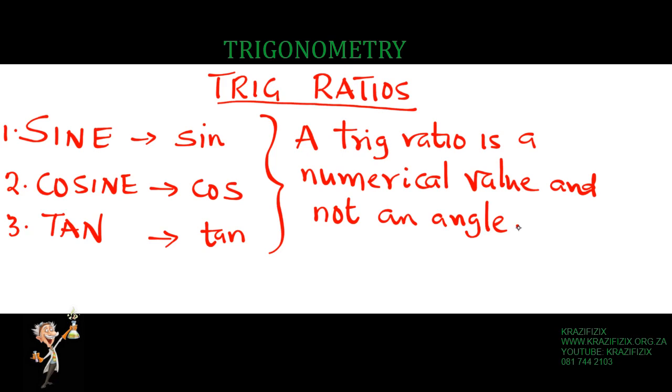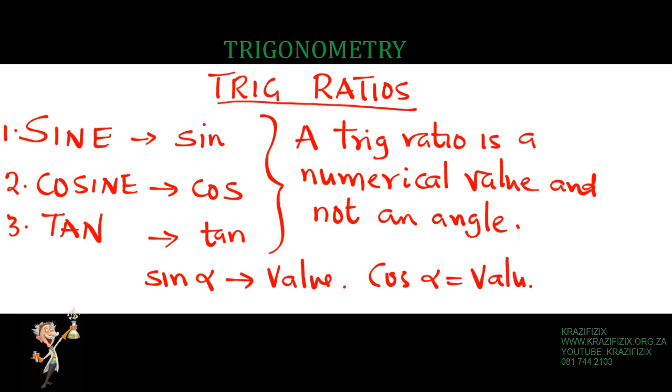However, we will therefore be looking at sine of an angle, cos of an angle, tan of an angle. So we could be looking at, remember we said small letters, sine alpha. Sine alpha is a value. Alright? Cos alpha is also another value. But these are angles. We would get to see that in just a minute.